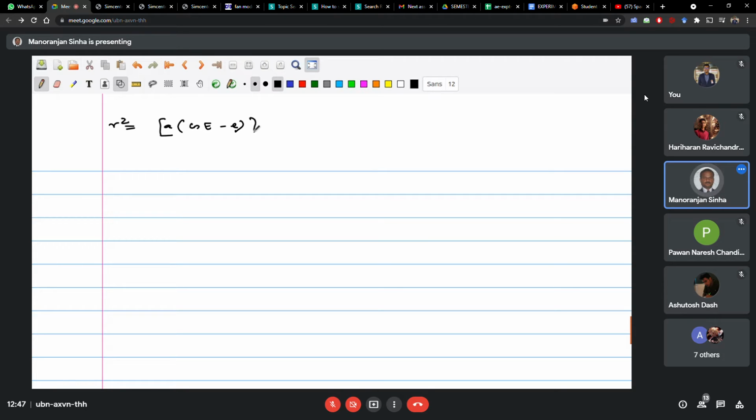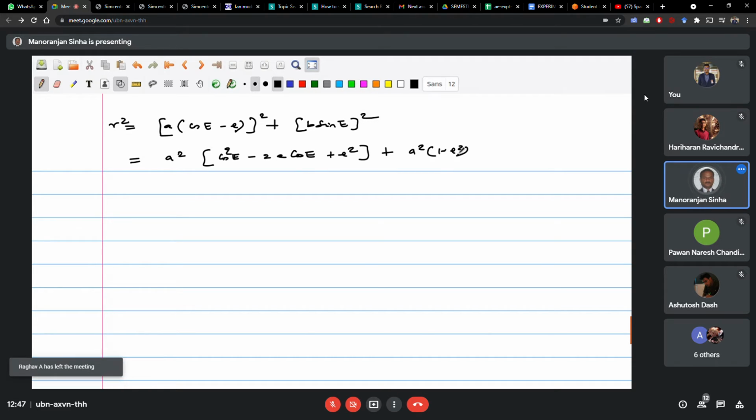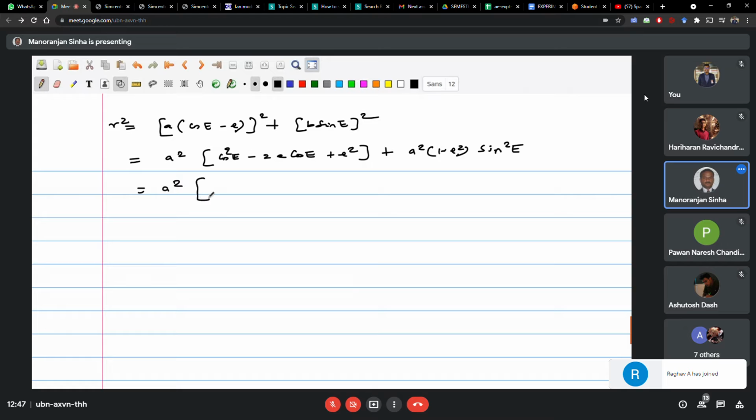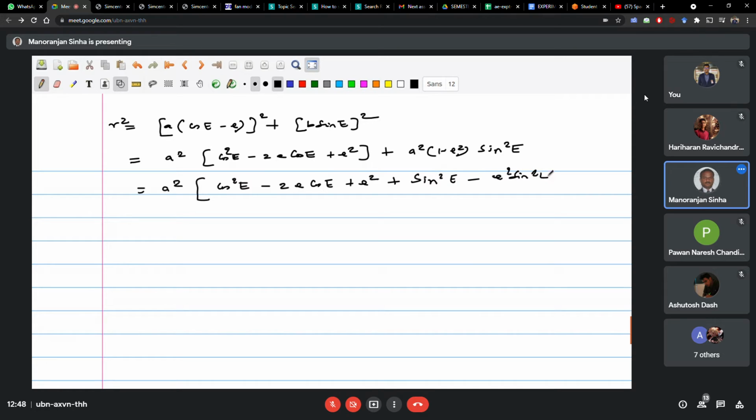So this becomes this square plus b sin E squared, a squared cos squared E minus 2ae cos E plus a squared e squared, and b squared becomes a squared times 1 minus e squared. This quantity can be added.